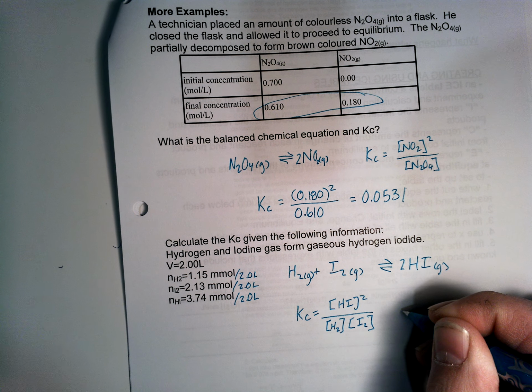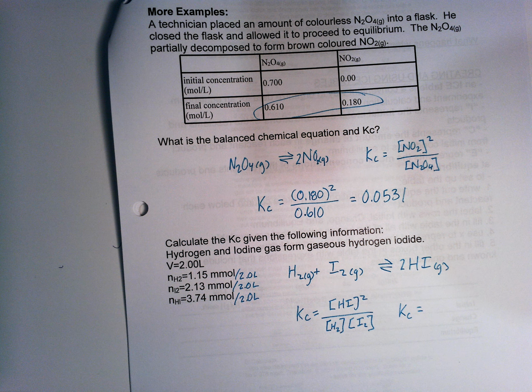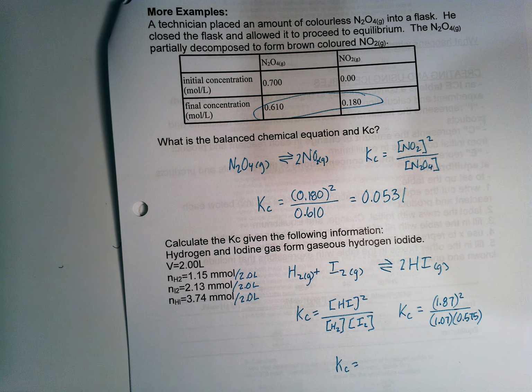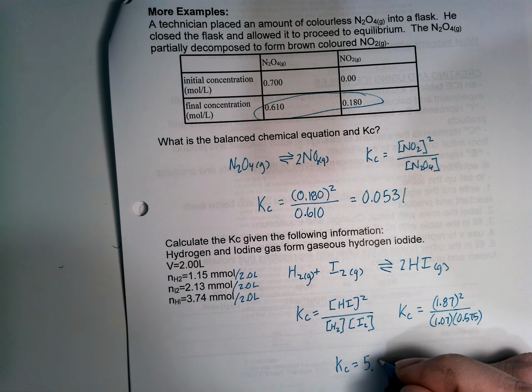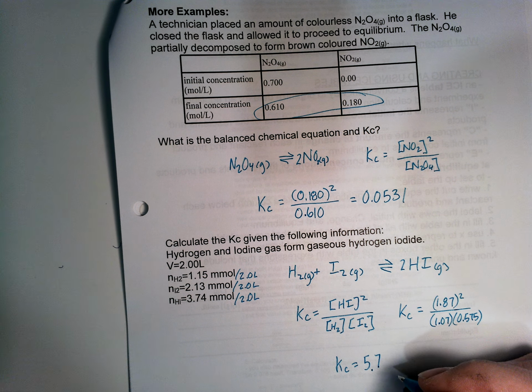Put our numbers in. Once we've divided these all out, we all get millimoles per liter, and then we put that into our calculator. The answer is 5.7, and for significant digits we got 3, so 5.71.